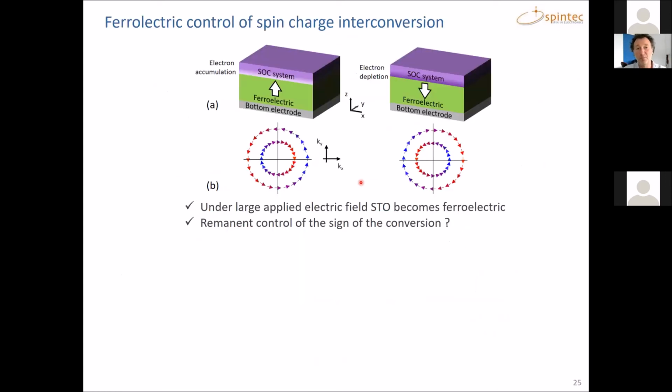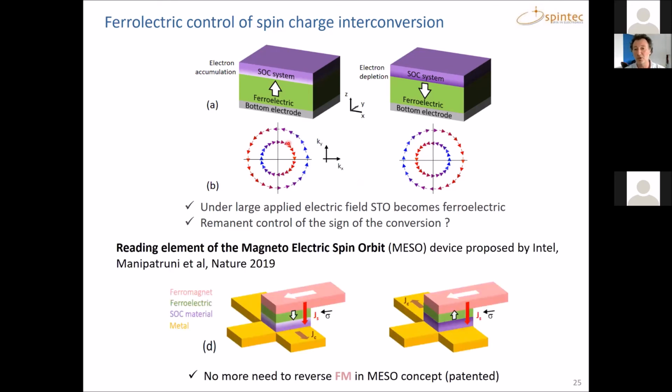Ideally, if we put a spin orbit system on top of a ferroelectric, and if we change the ferroelectric polarization, we could eventually reverse the chirality of the Fermi contour and then reverse the sign of the conversion. So this will also allow for a remanent control of the sign of the conversion, depending on whether you are in this case or in this case.